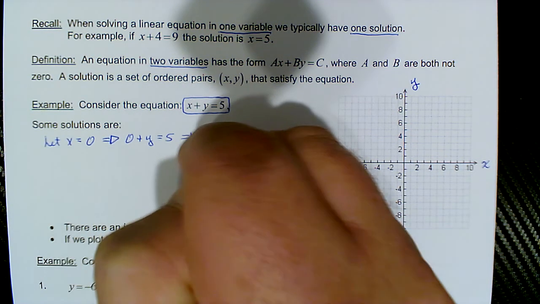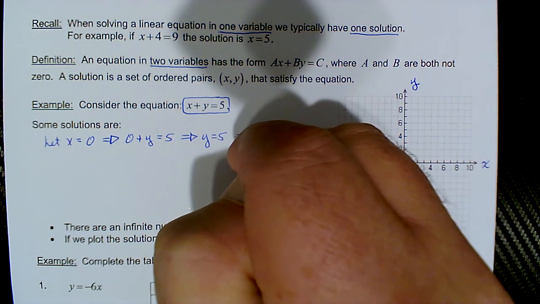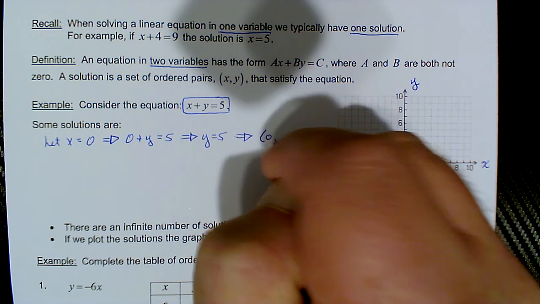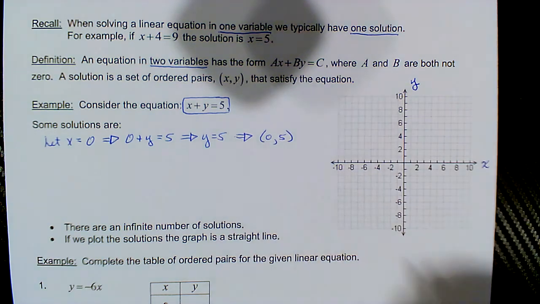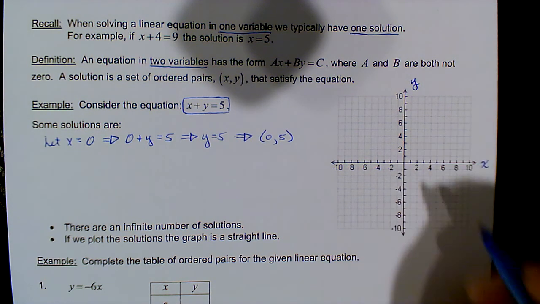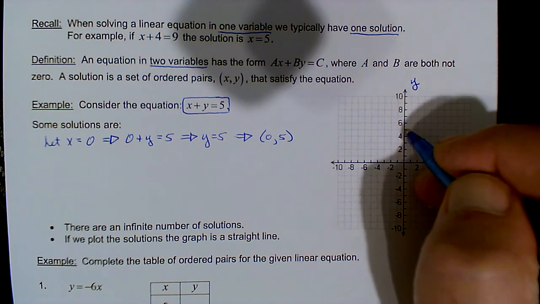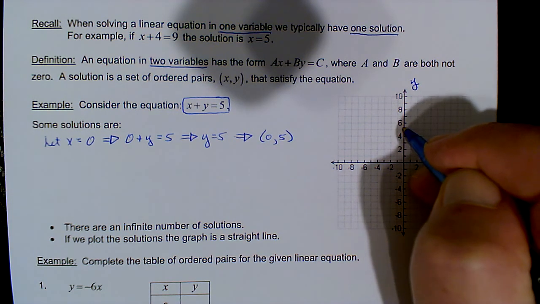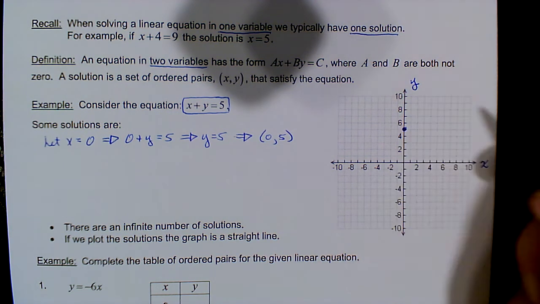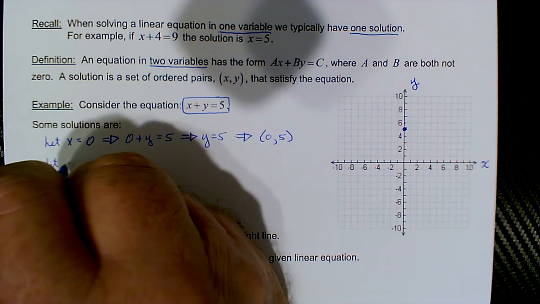So then that means that y is 5, which further means that we have the ordered pair, x is 0 and y is 5, that satisfies that equation. And so that is actually a point in the plane, right? And you could plot it. X is 0, y is 5, we're up here. So that's that point.